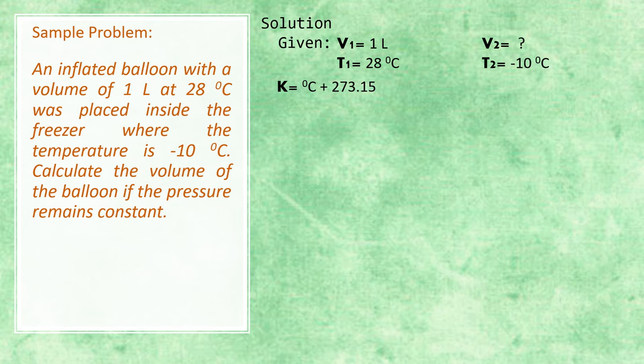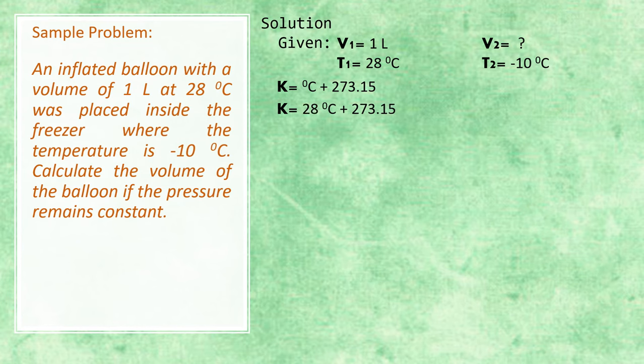Always remember that for Charles' Law problem, ang temperature ay dapat na naka-Kelvin. Paano i-convert? From degrees Celsius to Kelvin, we will just add 273.15. Our formula in converting degrees Celsius to Kelvin is Kelvin is equal to degrees Celsius plus 273.15.